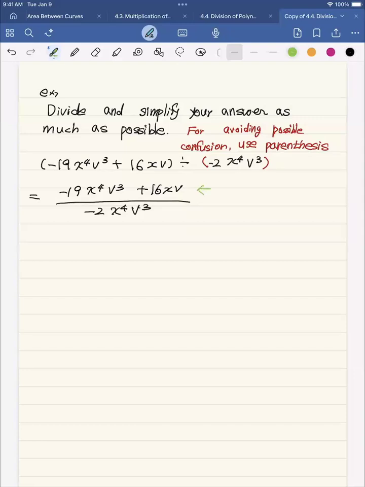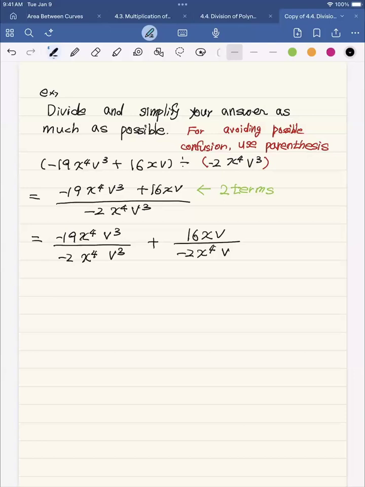We have two terms in the numerator, so we can rewrite the fraction like negative 19 x to the fourth power v cubed over negative 2 x to the fourth power v cubed plus 16xv over negative 2 x to the fourth power v cubed.